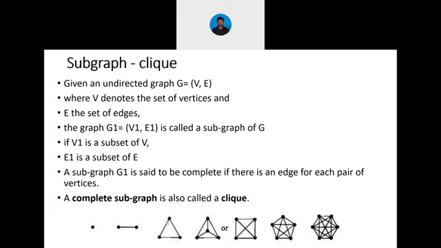Every node has its own connectivity to the other nodes with its own edges, so this is a complete graph. Listen carefully to the third picture. It is in the form of a triangle. So the first node, say for example, this is the first node.